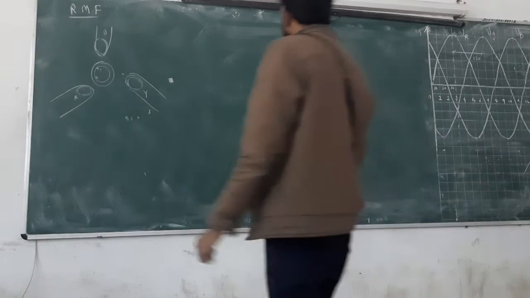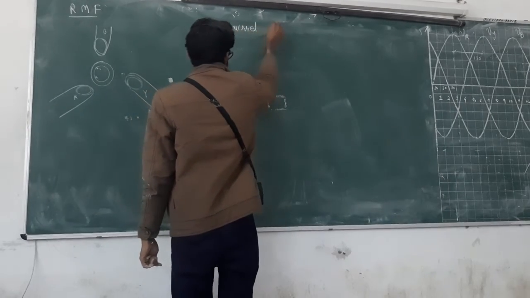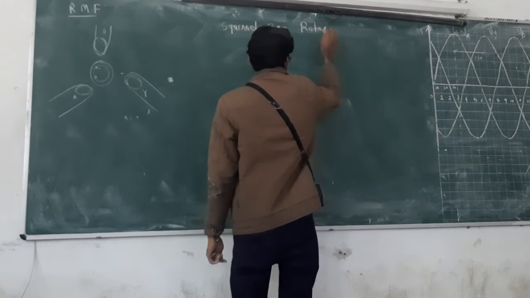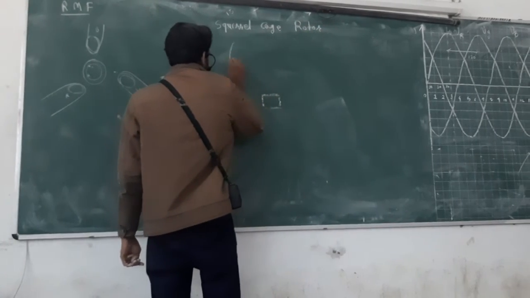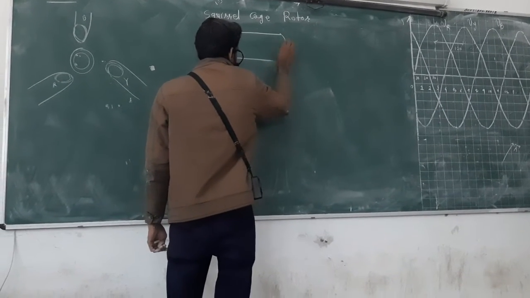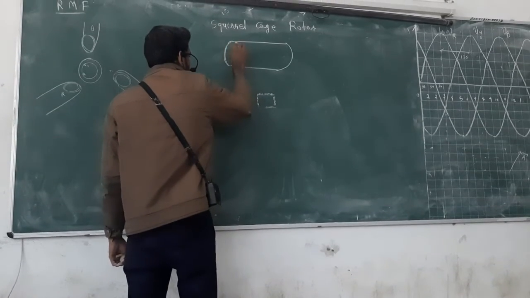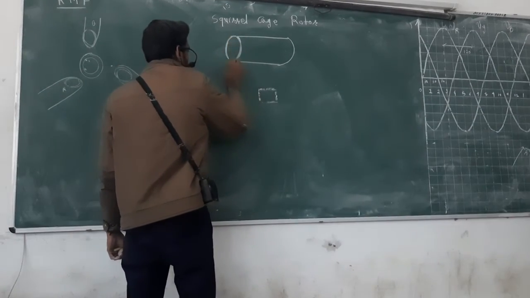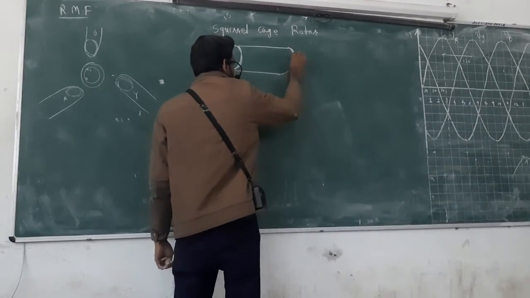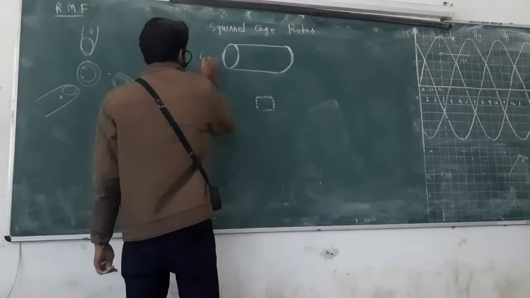So I am going to discuss the squirrel cage rotor. How does it look? Something like this. Okay, this is the ring, a metallic ring. This is also a metallic ring inside that. Okay, here is a shaft.